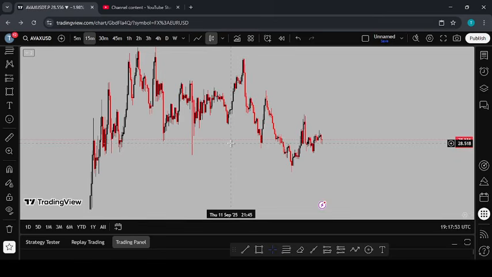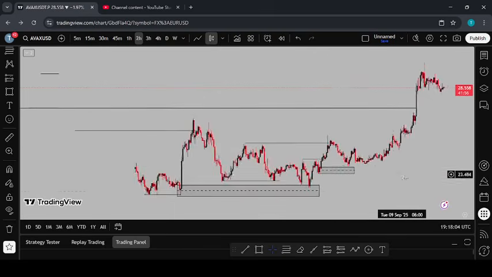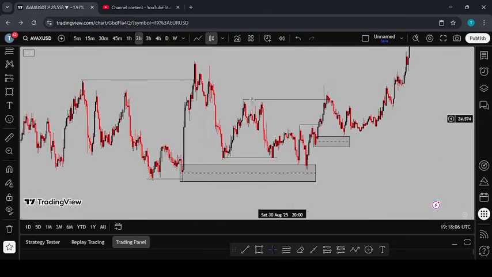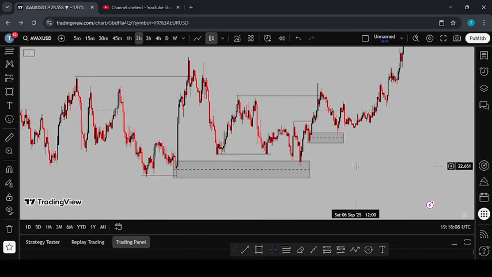If you don't have a setup in a day, it's not a bad thing. The market is always open. What smart traders will do is they will wait for more price action. This beautiful setup did not just form in one day.